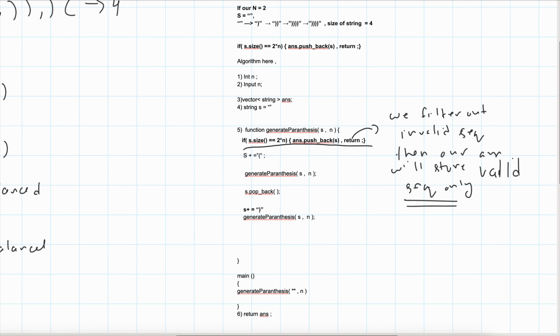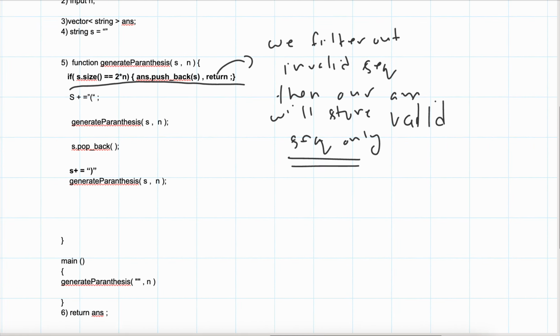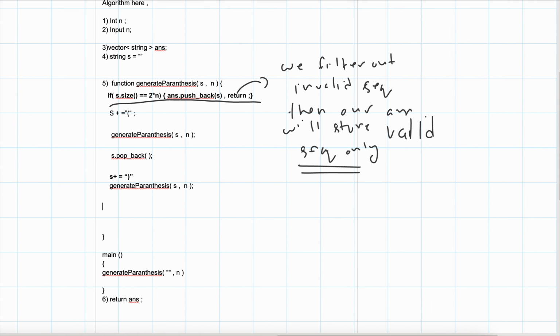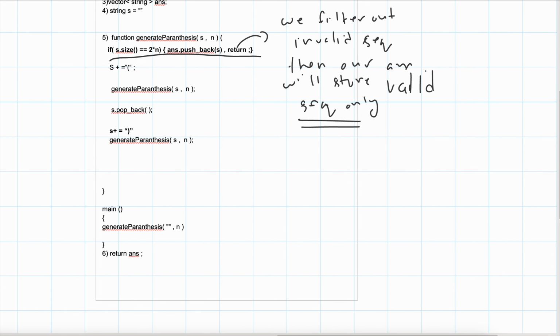So let's zoom this out and I will write the code for how we are going to filter out the invalid sequence and the valid sequence.